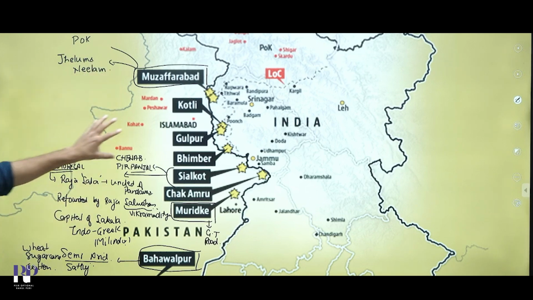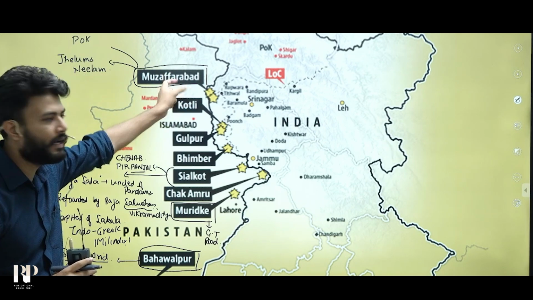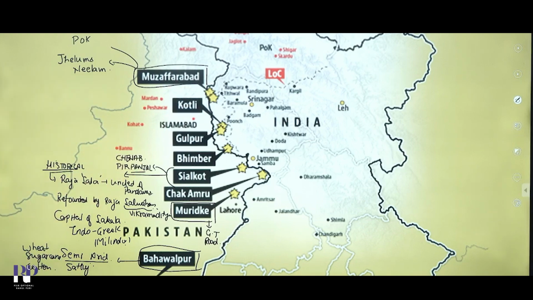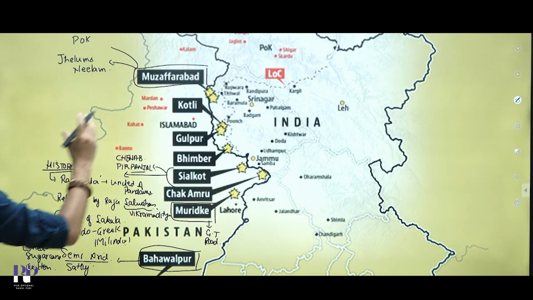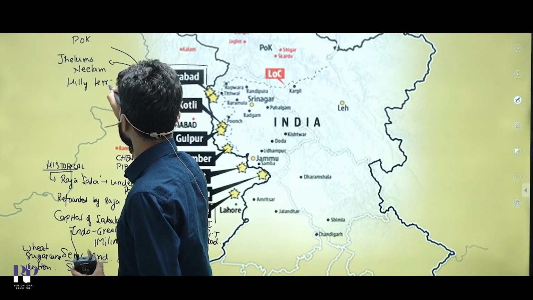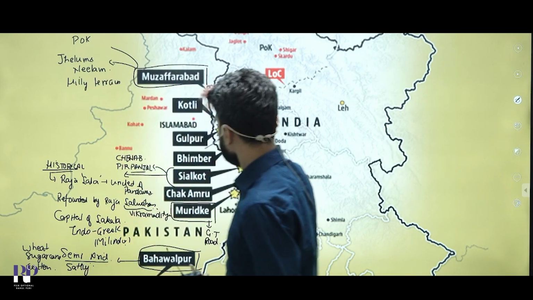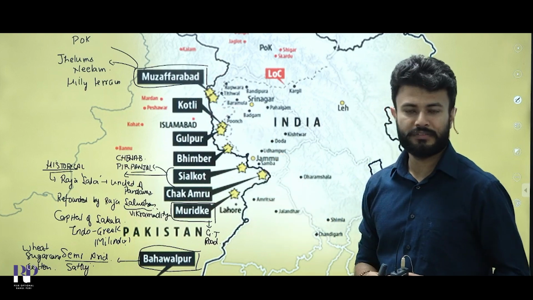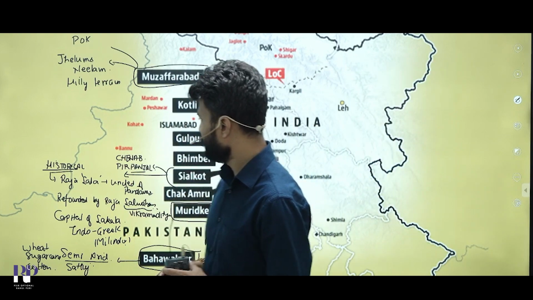Okay, so here we have the presence of the Jhelum and Neelam rivers. So it is located on its banks, and obviously we understand that this region will have a very hilly terrain. So out of these sites, these are the important locations which I thought to discuss with all of you.